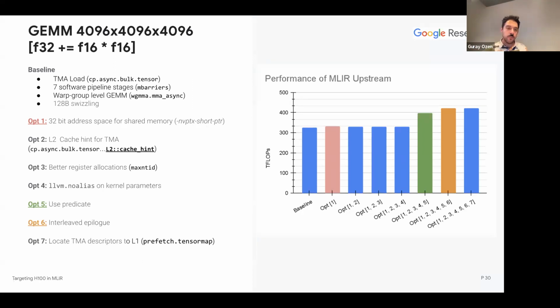Oh, it was nice. In optimization 6, I interleaved the epilogue, which means that in the epilogue I used to copy all the data to shared memory first, then synchronize, and then copy from there to global memory. That was not very optimal. So what I did was copy a chunk of the data to shared memory and then global memory, and then do it again for the remaining registers.